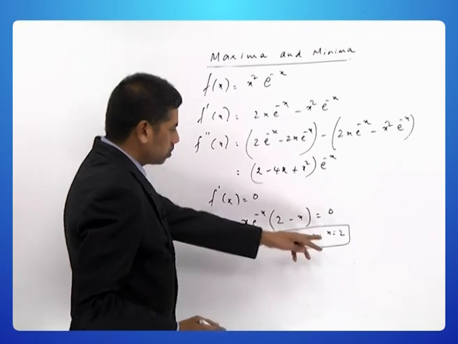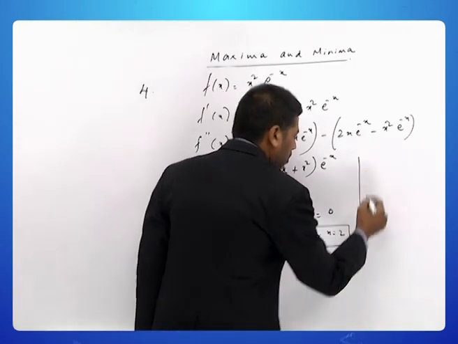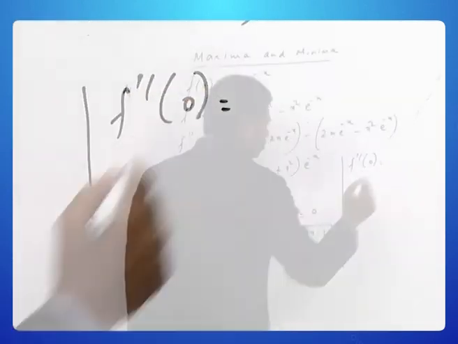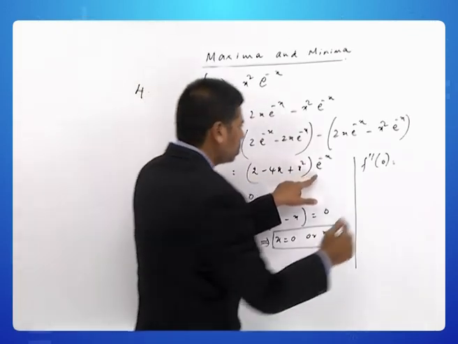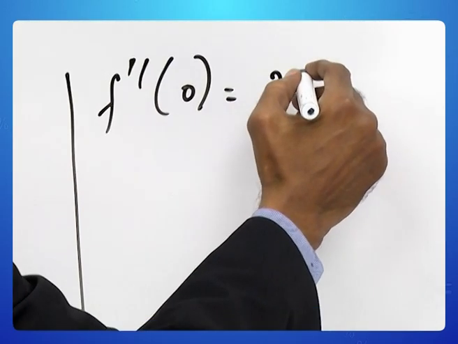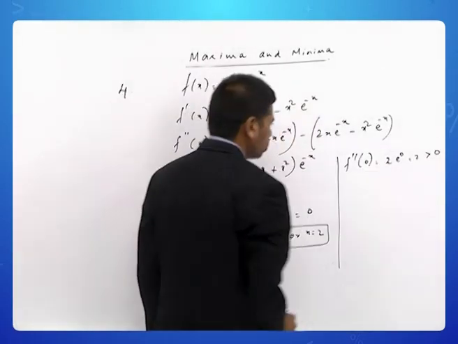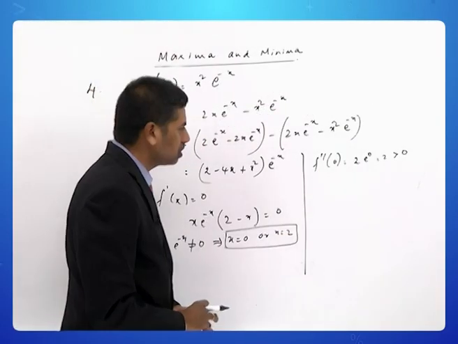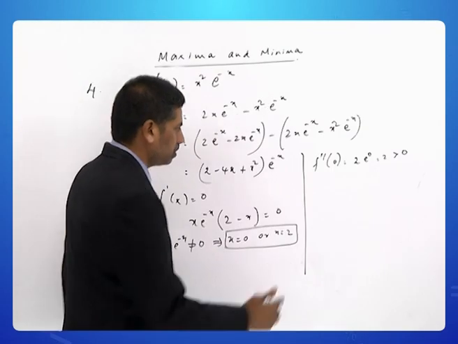So let us substitute both these values in the second derivative. F double dash 0 becomes 2 e power 0, which is 2, which is positive. So we see f double dash 0 is positive. So x is equal to 0 corresponds to a relative minimum in which we are not interested.